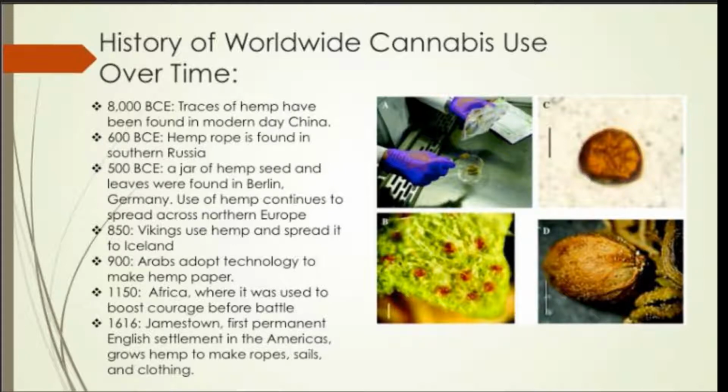Then it went to Russia, then from Russia to the European countries, and from there it split and went to Iceland with the Vikings, and then to the Middle East, where it was used for paper and edible items. From the Middle East, it went to India, where it was used for a holy drink. Then from India, it went to Africa, where it was used medicinally as well as to boost courage before battle. And from there, it traveled transatlantic with slave traders into the Americas in 1616.